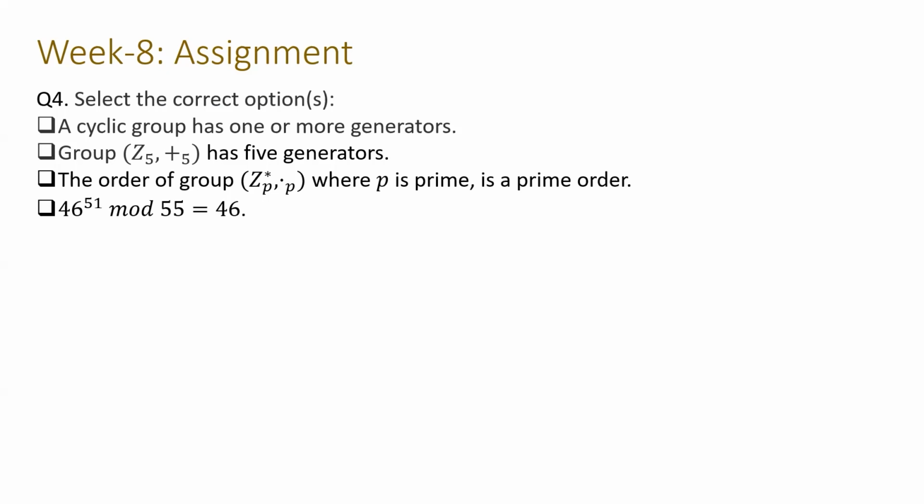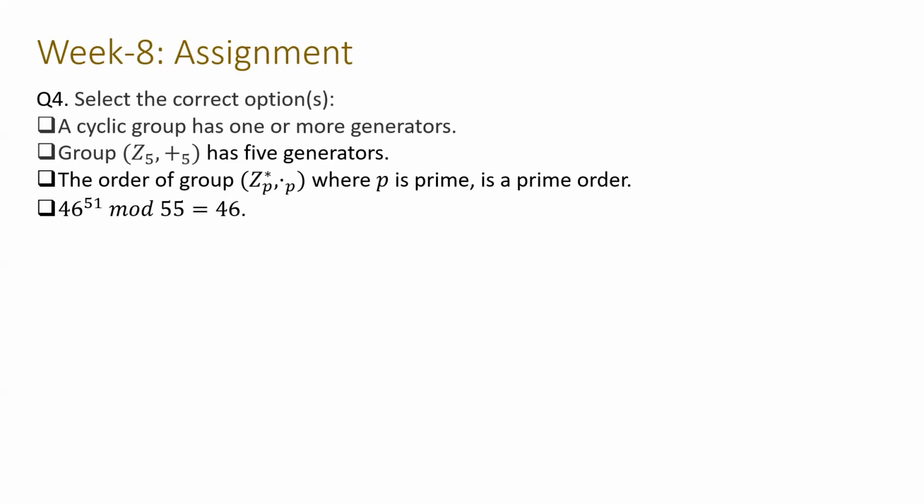For a prime order group, except the identity element, all other elements are generators. Here 0 is the identity element, so except 0, the elements 1, 2, 3, 4 are generators. So the true statement would be that Z5 with respect to addition modulo 5 has 4 generators, not 5.